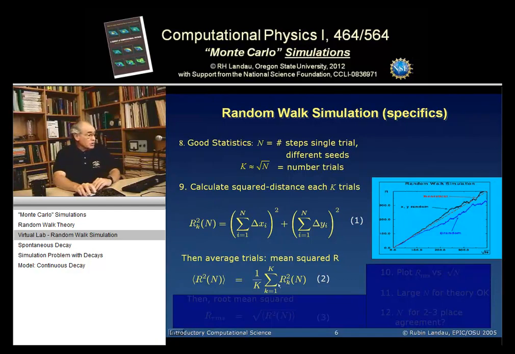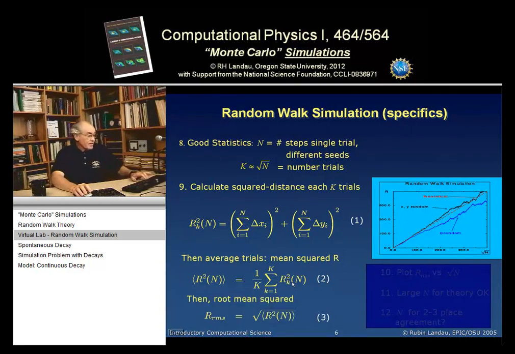Okay? So the average R squared is 1 over K, where K is the number of trials, times the sum of R squared for all the trials. So this averages out some of the statistical deviations that we get. And then only when we're all done with equation 3 here do we take the square root. So, repeat, you don't take the square root up here and then take the average of the square roots. You get a number, but you don't get all the cancellation we want.